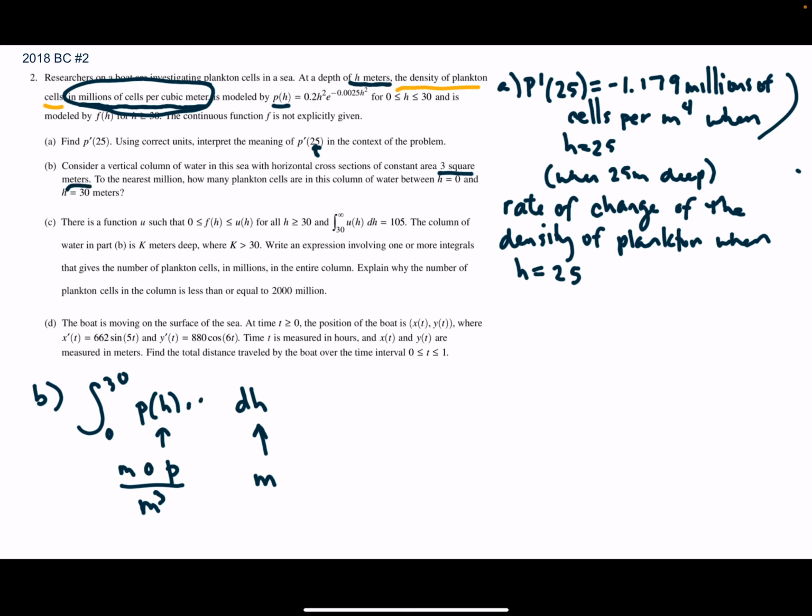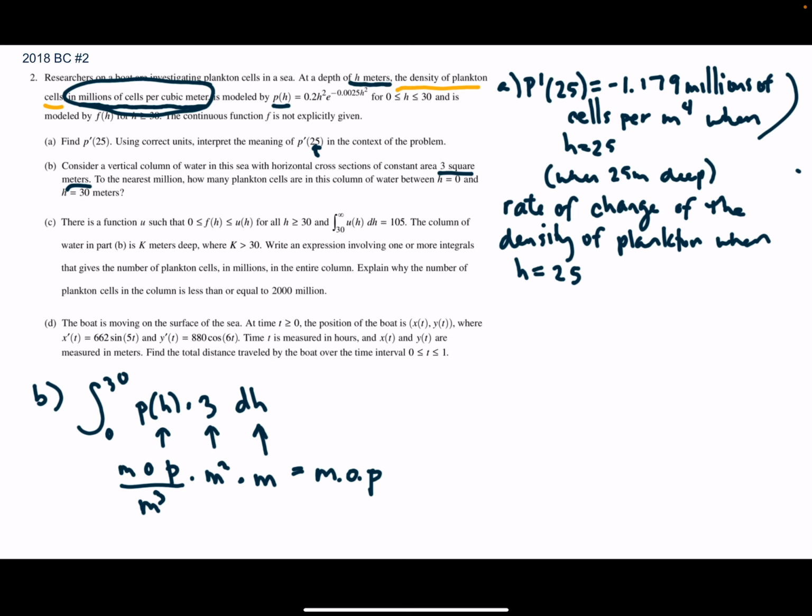So now if I multiply this by a 3, what I then have is meters squared there. And so when I multiply these out, I end up with just millions of plankton. Again, I didn't really understand what they were asking me. I just relied strictly on units. I relied on the fact that in order to go from millions of cells per cubic meter, I needed an integral. And then inside my integral, I made sure that my units would work out so that I was left with what I wanted, which is just millions of plankton.